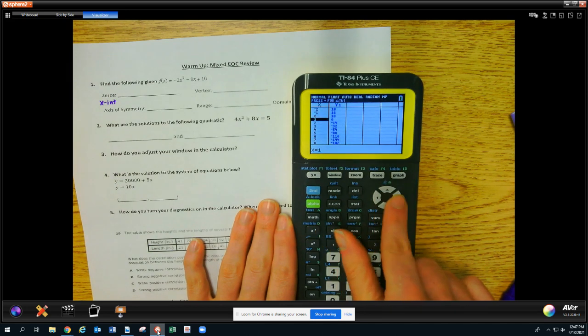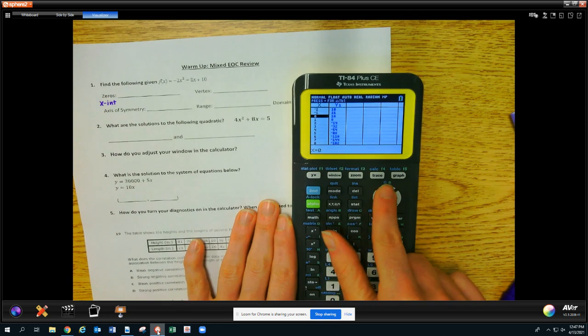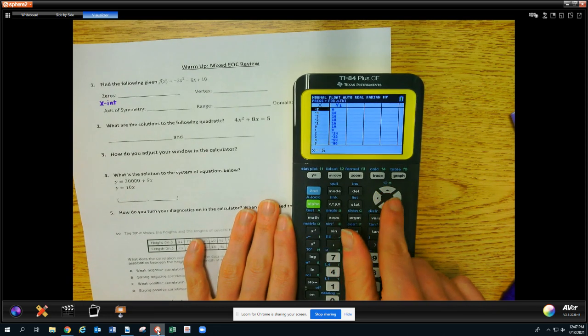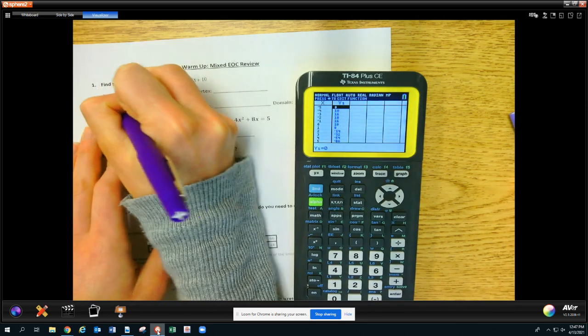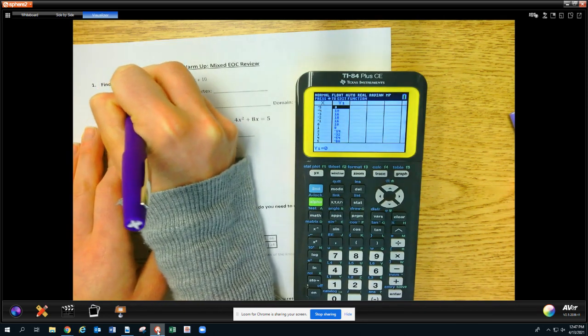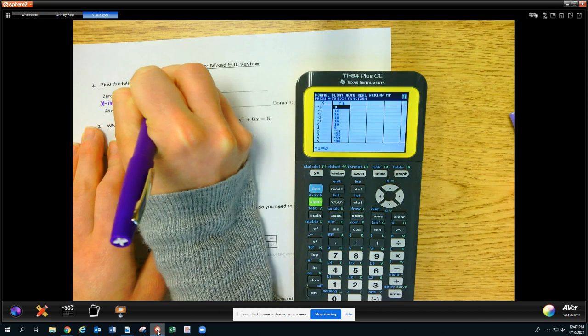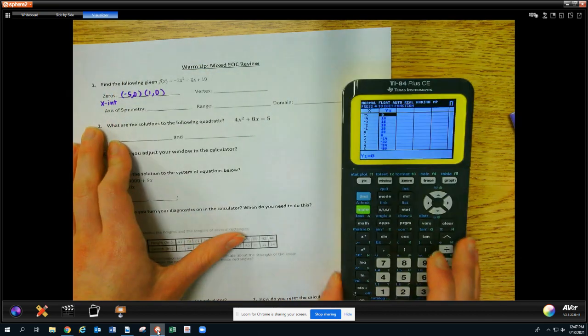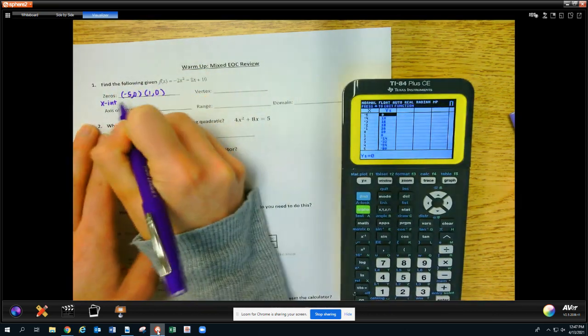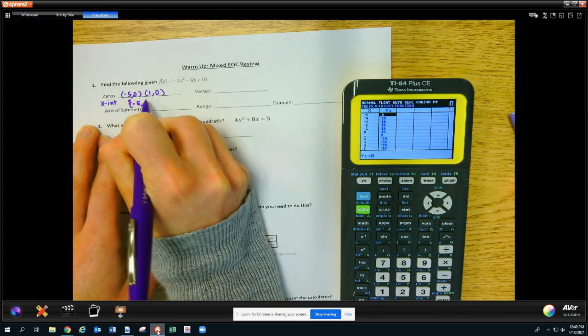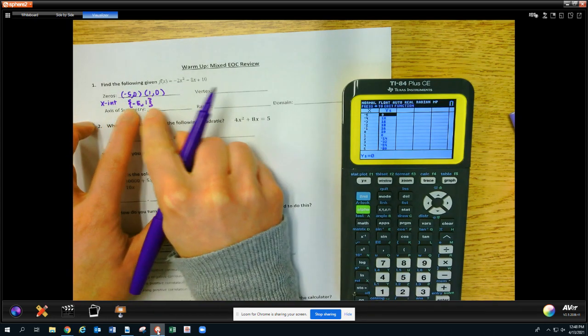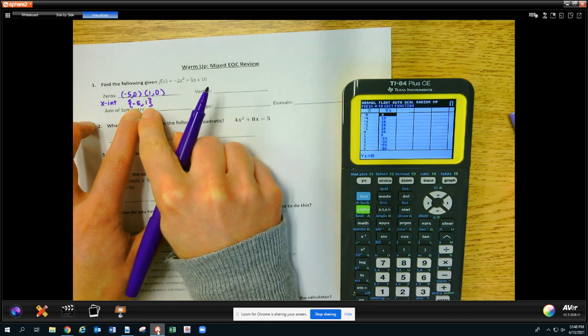So 1, 0 and negative 5, 0. You can write them as ordered pairs, just like that. Or sometimes when they're referring to them as zeros, they'll use roster notation with squiggly brackets and just list the values negative 5 and 1.